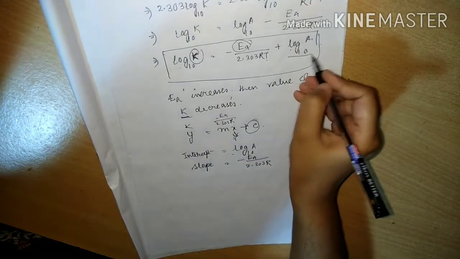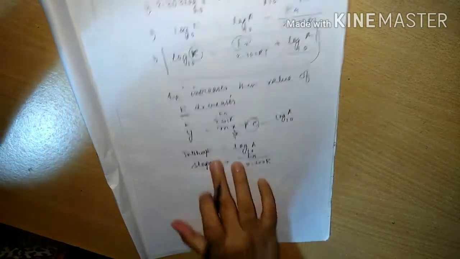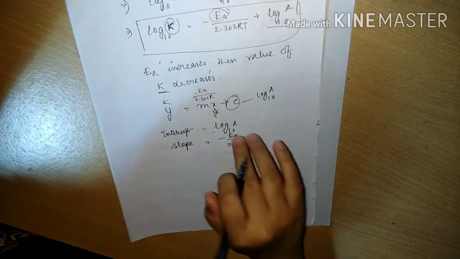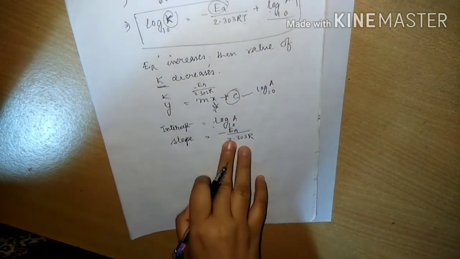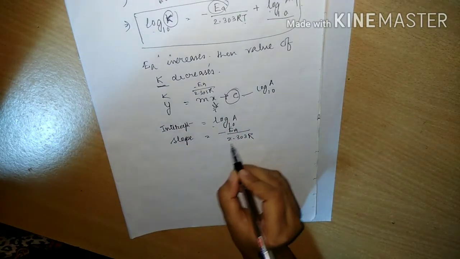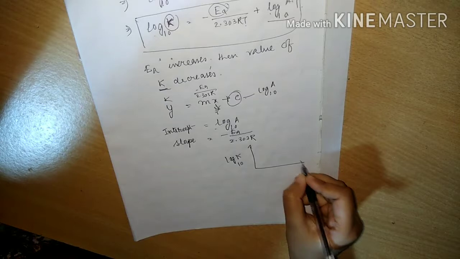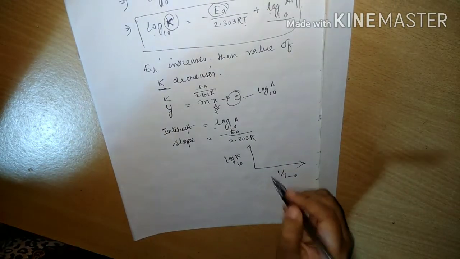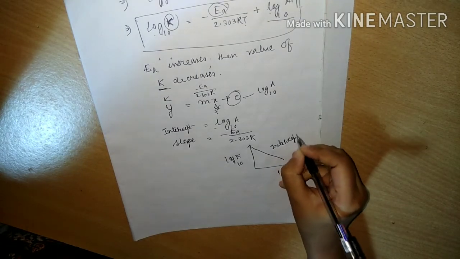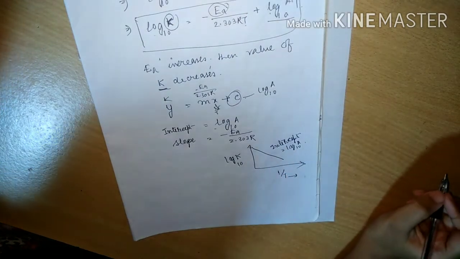So in the straight line form y equals mx plus c, we got the intercept as log of A base 10 and the slope as minus EA by 2.303 R. If we plot the graph with log K base 10 on the y-axis and 1 by T on the x-axis, we get a graph sloping downward, and the intercept will be log A base 10.